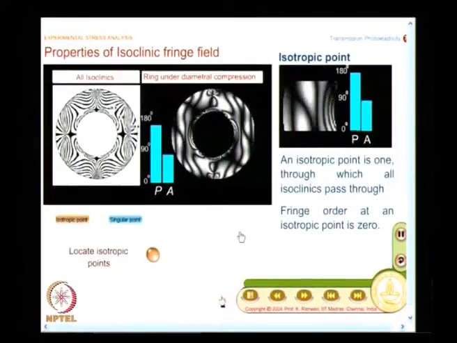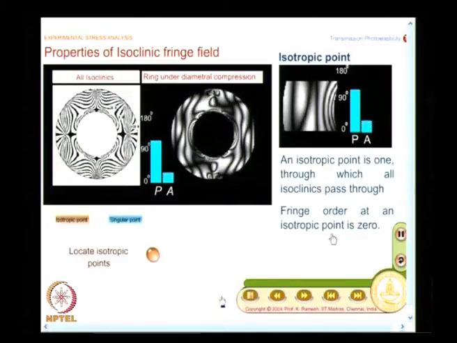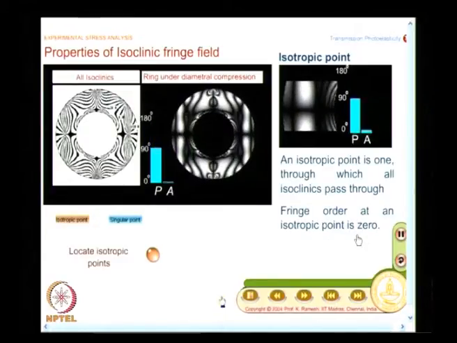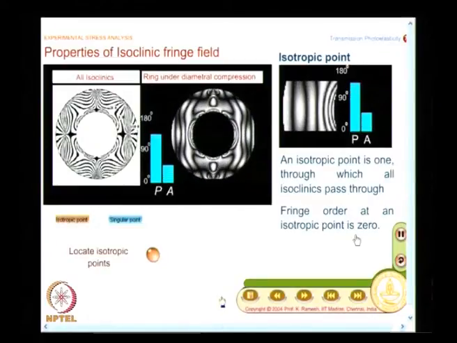Since you have seen that, now you can appreciate this point, and you have the advantage: fringe order at an isotropic point is 0. See here, I tried to find out a property of an isochromatic fringe field by looking at the isoclinic fringe field. I can switch back and forth and then verify this is zeroth fringe order. There is also a methodology to verify the zeroth fringe order even in a circular polariscope, but if you have a confusion you can always verify it, you always need some verification.